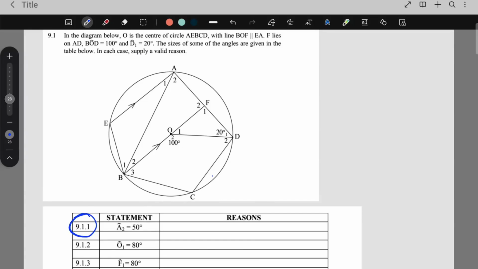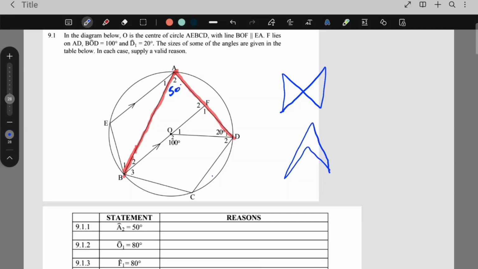9.1.1 says angle A2 is 50. What is the reason? A is on the circumference. If I go down from A to other points on the circumference, I'm looking for a butterfly, so either angles in the same segment, or angle at center twice angle at circumference.